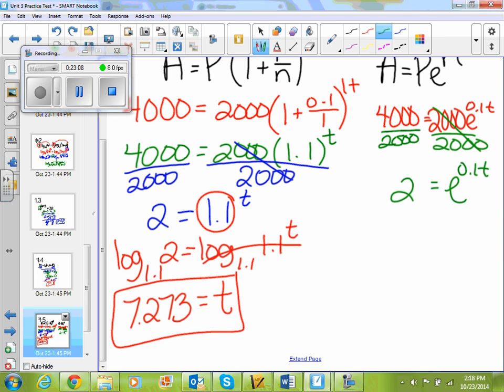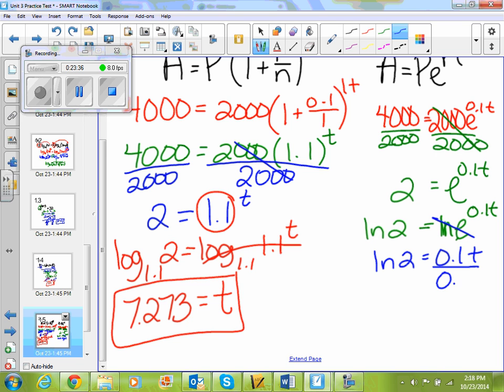How do I get rid of a base of e? Take the natural log. So natural log of e to the 0.1 t and natural log of 2. And these cancel, so I get 0.1 t equals natural log of 2.